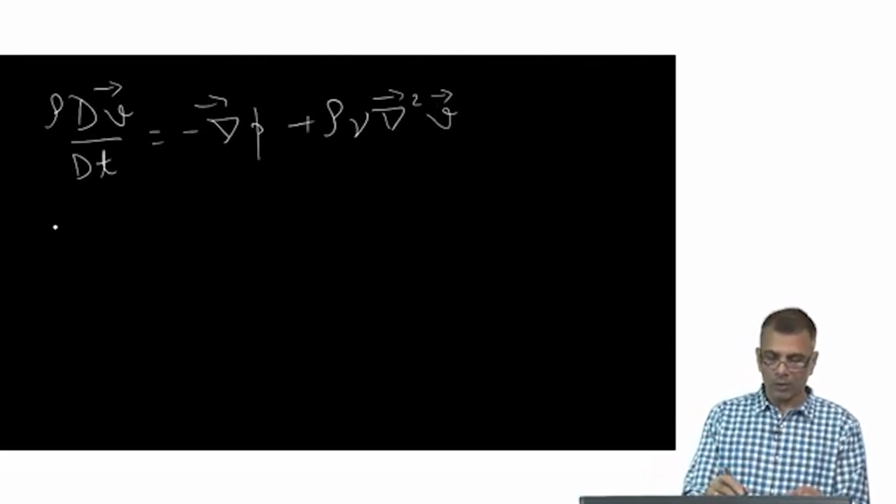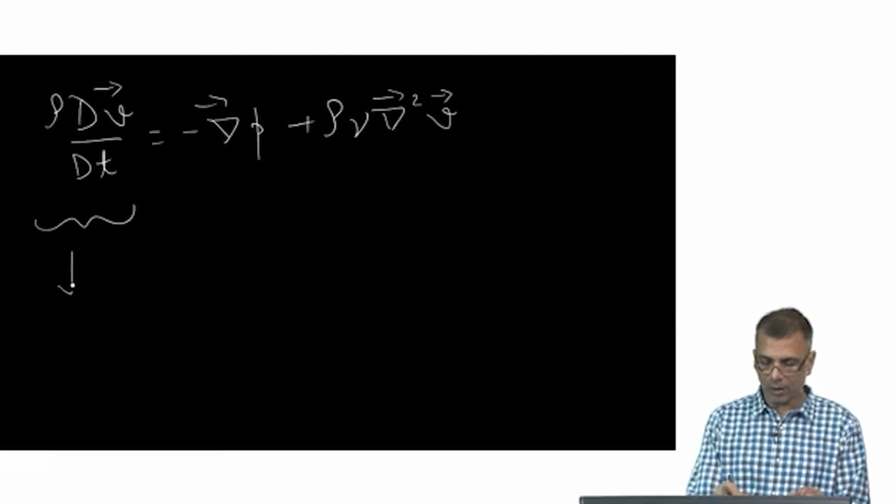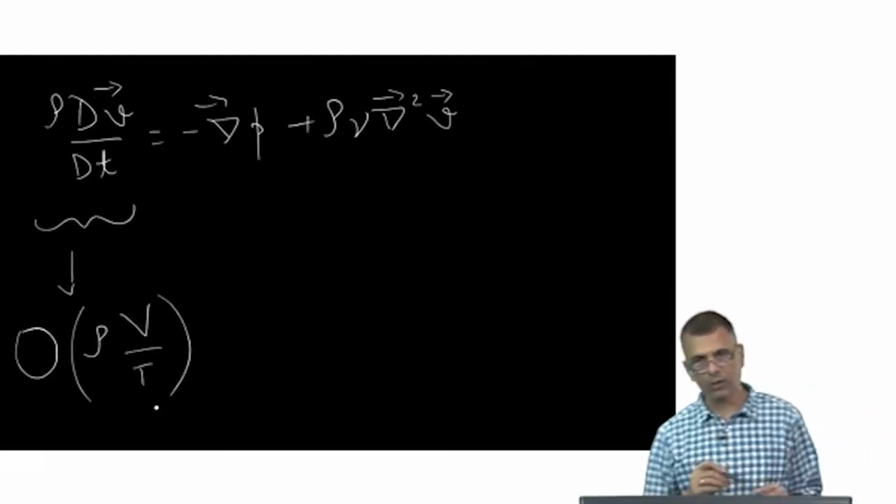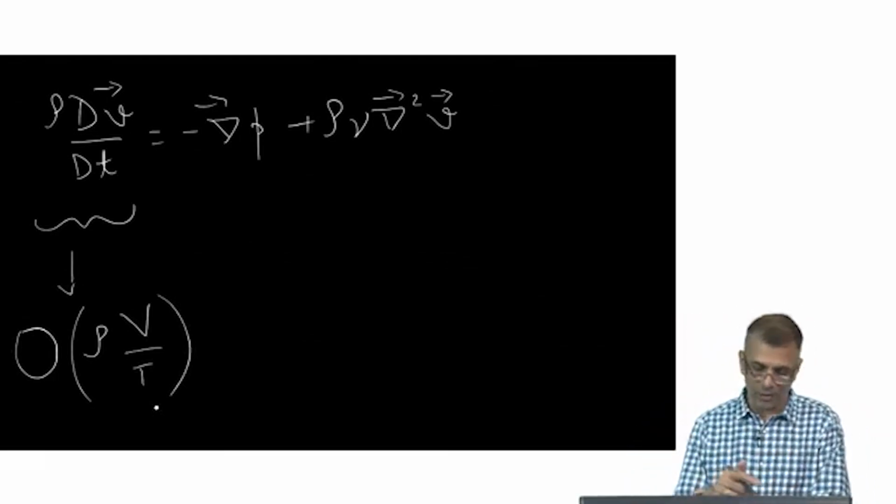Right, so now I claim that this term is of order rho v over t. Now, this is essentially dimensional analysis.